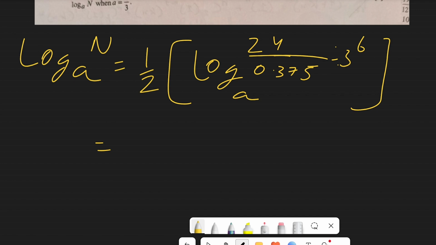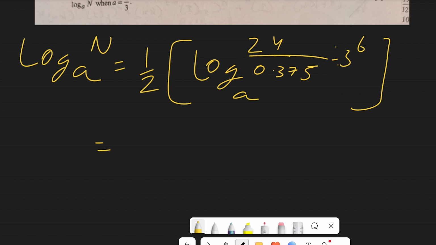Now we simply divide it. 24 divided by 0.375 is 64, and we have to divide it by 3 power 6. So we divide by 3 power 6. 64 over 3 power 6. And what is 3 power 6?